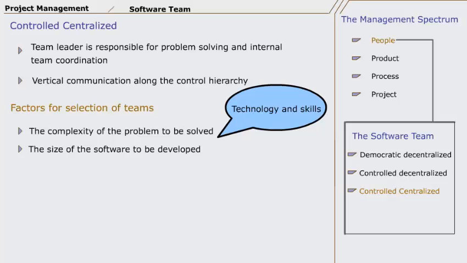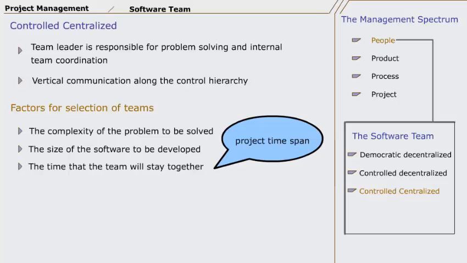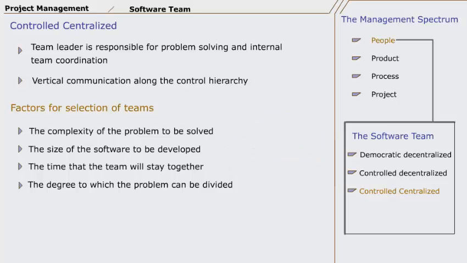In our example, it means the number of courses to be developed. Number 3. Time period for which the team is required to stay together. Number 4. The degree to which the problem can be divided.